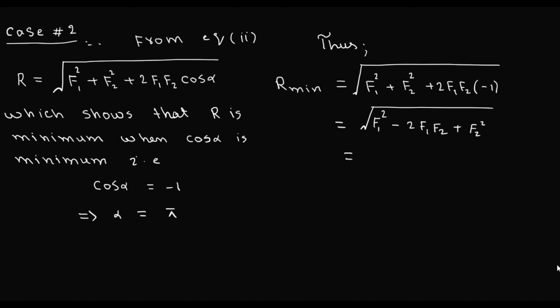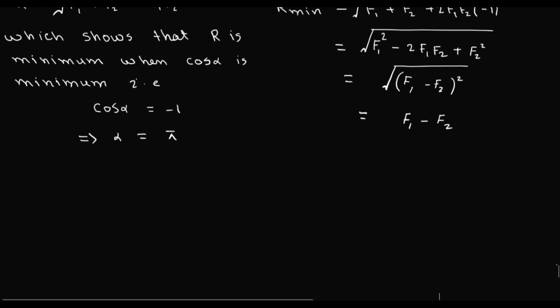This will be equal to (F1 minus F2) whole square, so the result is F1 minus F2. This is the minimum value of the resultant of two forces.